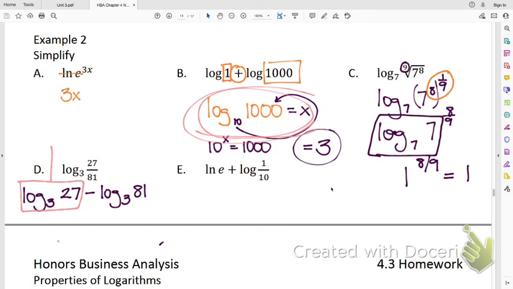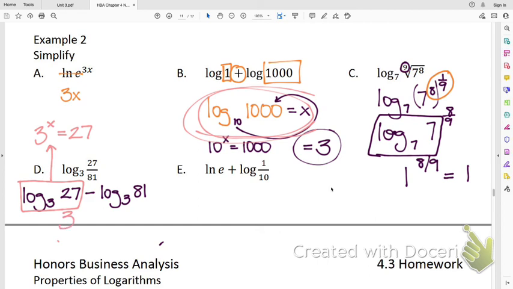What would this look like as an exponential? 3 to the x is equal to 27. Does that help us simplify? 3 to what power gives me 27? 3, right? So that tells me what? Everything in that box is equal to what? 3.